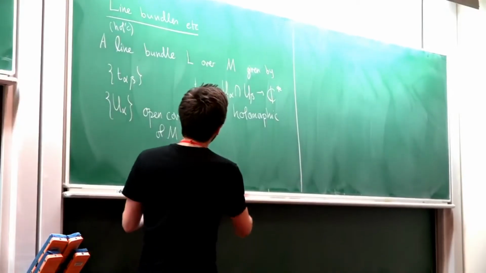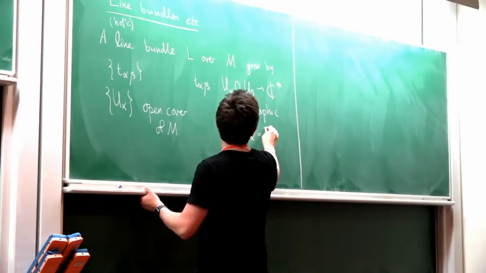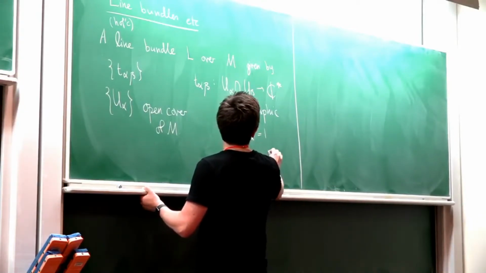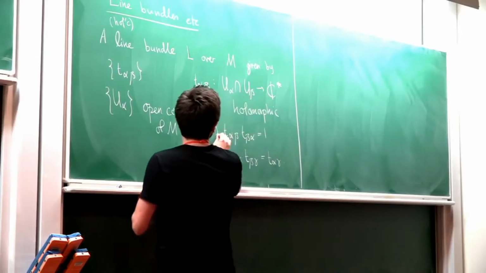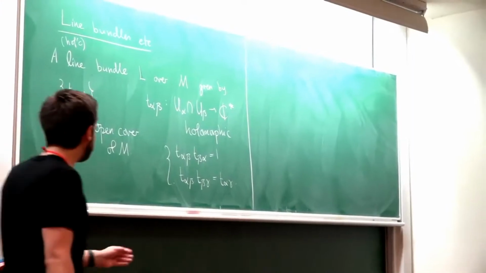They must satisfy T alpha beta times T beta alpha is 1, and T alpha beta times T beta gamma is T alpha gamma. So they have to satisfy those conditions.